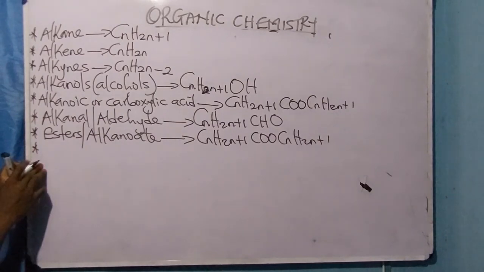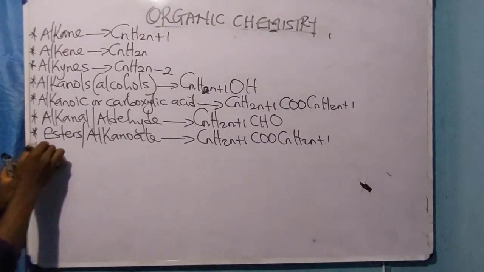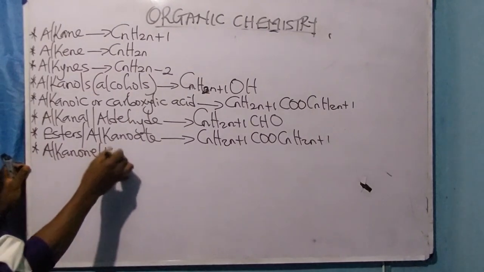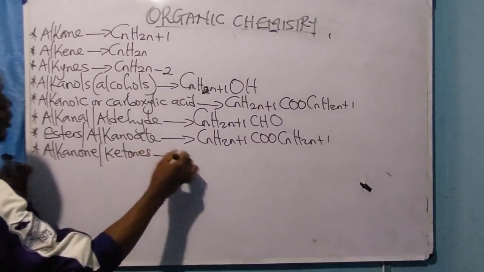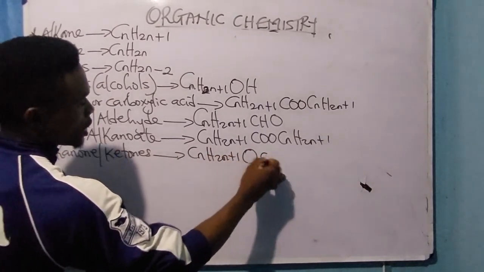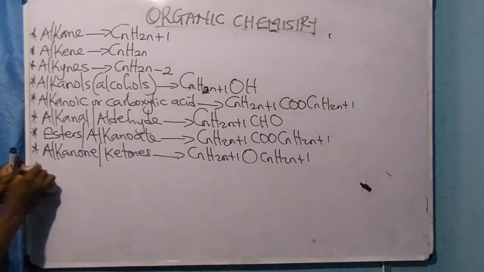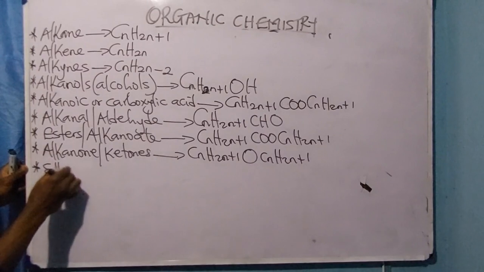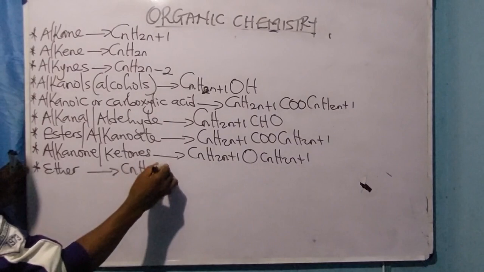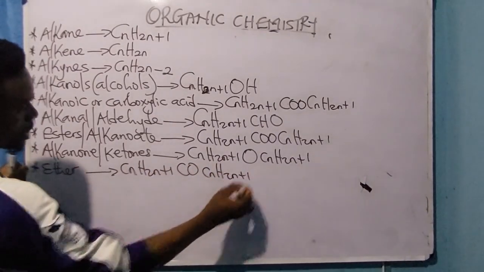Again, you have the alkanone, otherwise called the ketones, CnH2n+1COCnH2n+1. Then you have the ether, CnH2n+1OCnH2n+1.